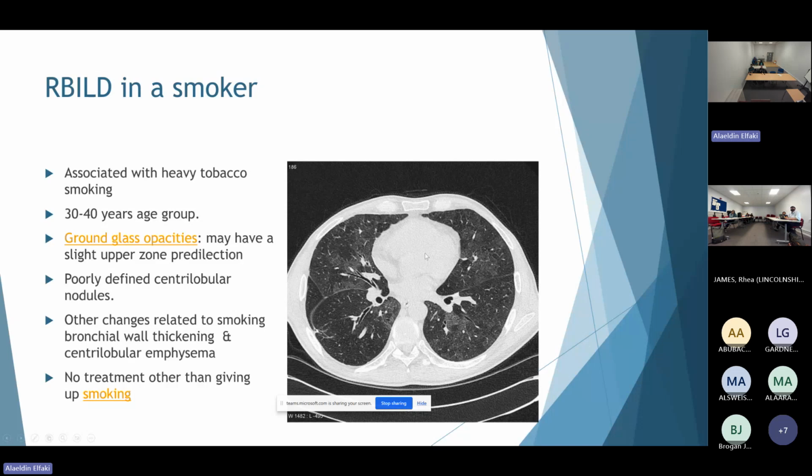So ground glass with some traction bronchiectasis affecting the upper lobe predominantly in a patient with a significant smoking history, you suspect RBILD immediately. And there is no specific treatment apart from stopping smoking. Sometimes steroids might help to accelerate recovery from the condition, but the most important part is smoking cessation.